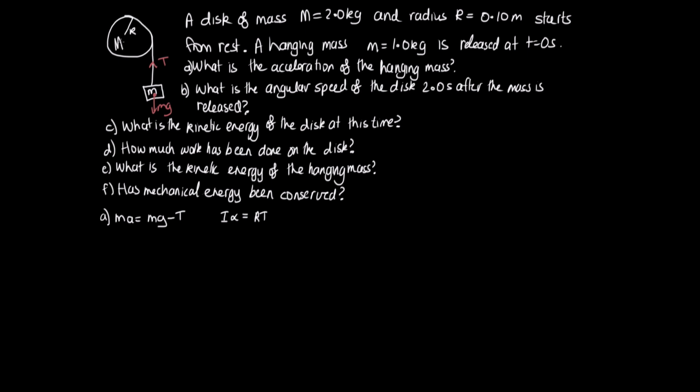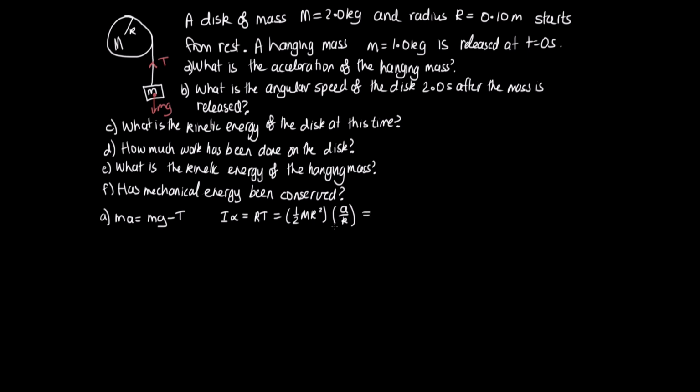Now because it's a disk, we know that I is equal to a half mr squared, and alpha is related to our acceleration through alpha is equal to a over r.